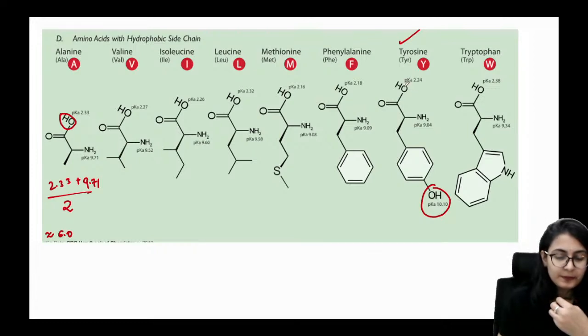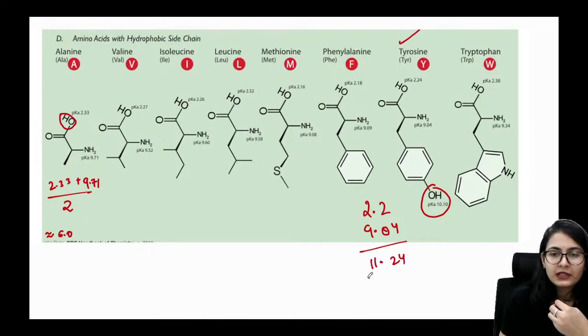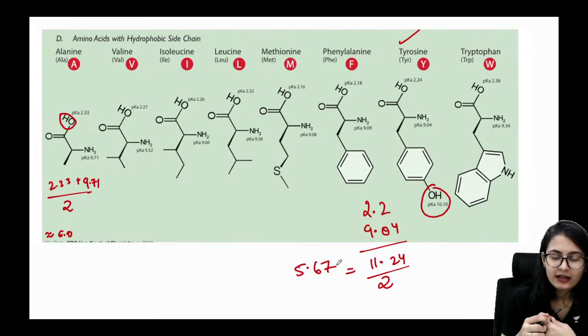Okay, see what is written: 2.2 and 9.04. Add them. What do you get? This one divided by 2. How much are you going to get? 5.67. Yes. So that is the isoelectric pH of tyrosine.